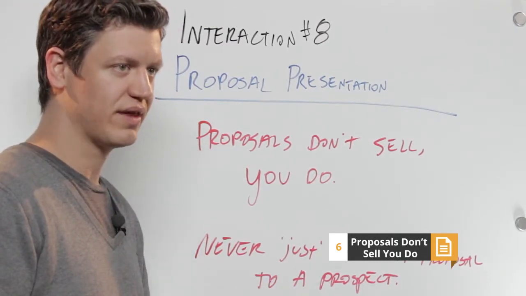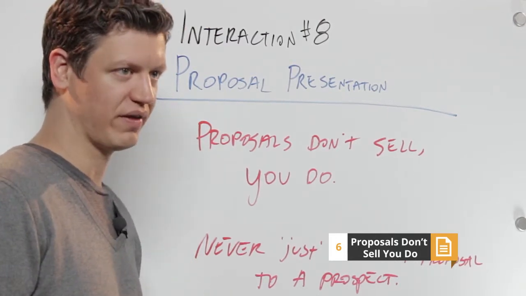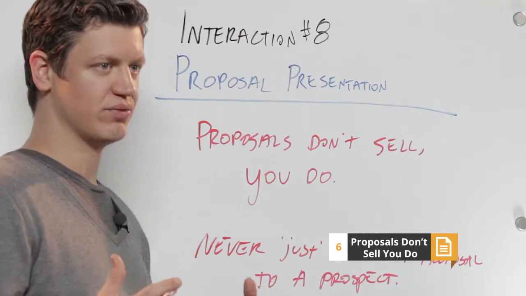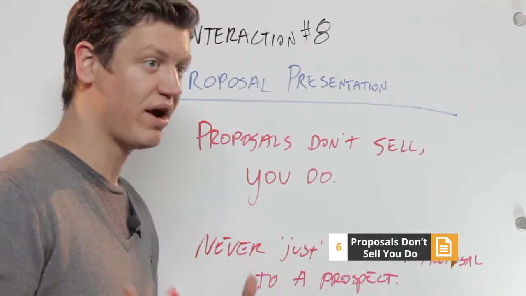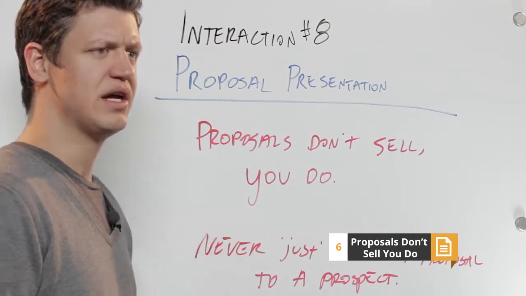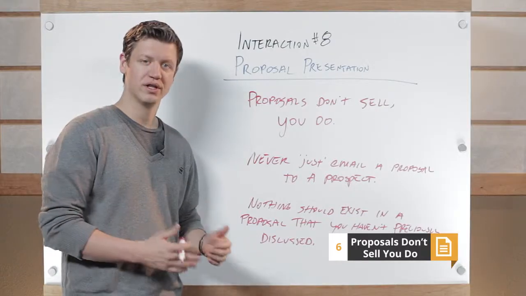Once I learned this, I understood why you never include anything in there, because you never know where somebody is when it comes to the different services or solutions you might be providing. Let's say, for instance, I hadn't talked to a prospect about search engine optimization, but I put it in the proposal.